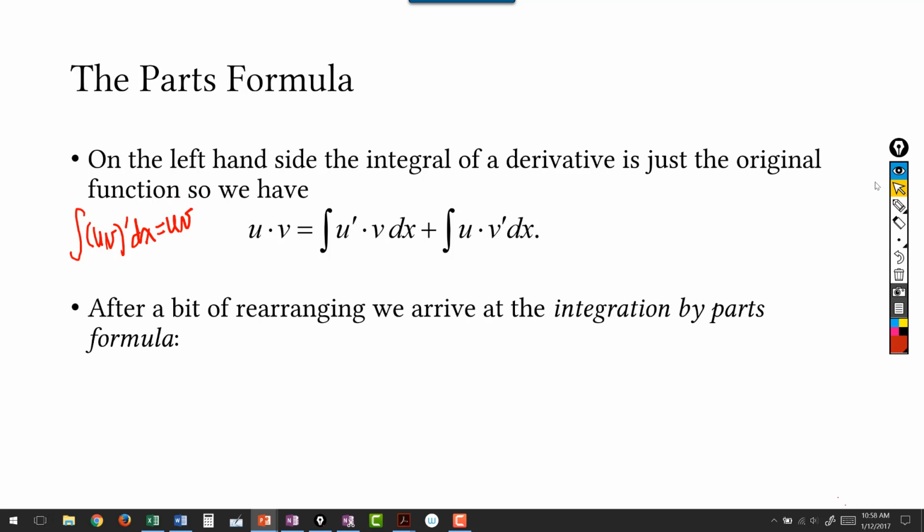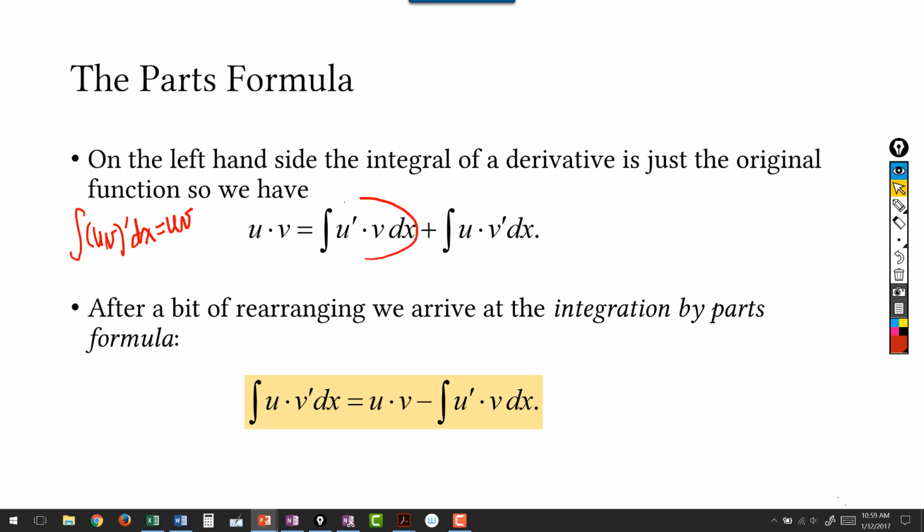Well, that's more or less enough to get us to the parts formula. All we have to do now is reorganize this a little bit. We move the integral of u prime v over to the left by subtracting it from both sides.